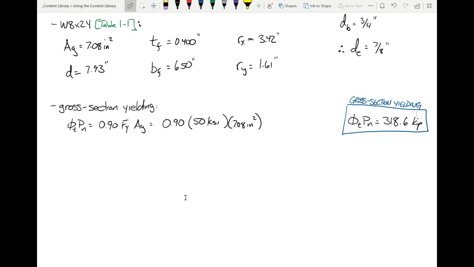You almost got it. You missed one. You have 0.75 times the net area times our shear lag factor, but you missed the FU value, the tensile stress. Exactly. So 0.75 FU AE, and AE is just the net area times U.